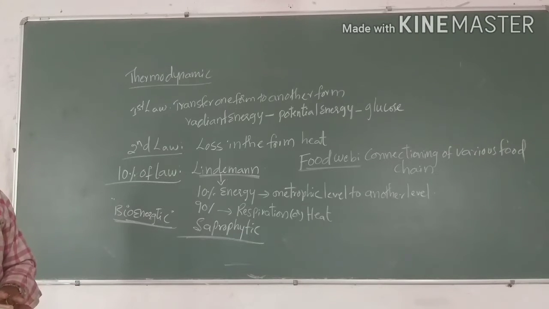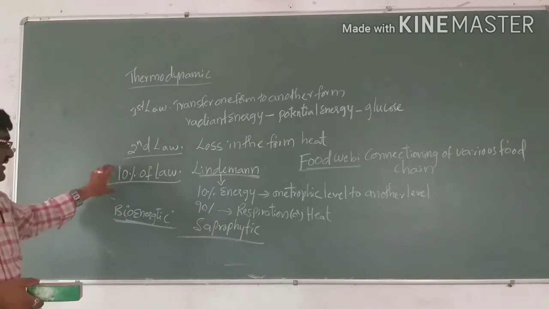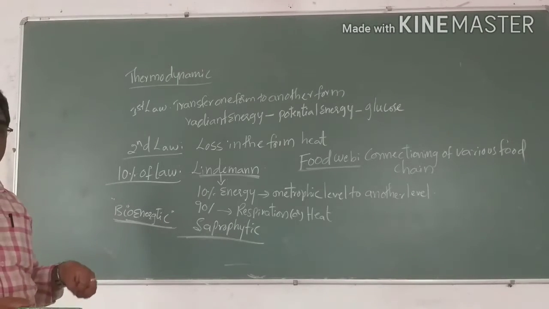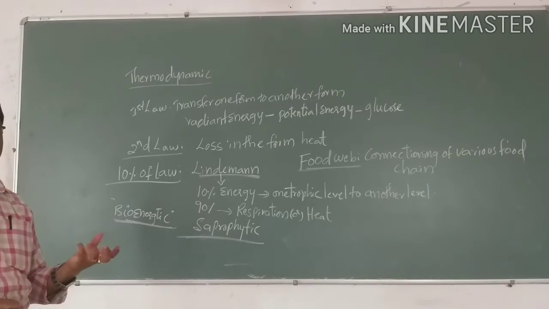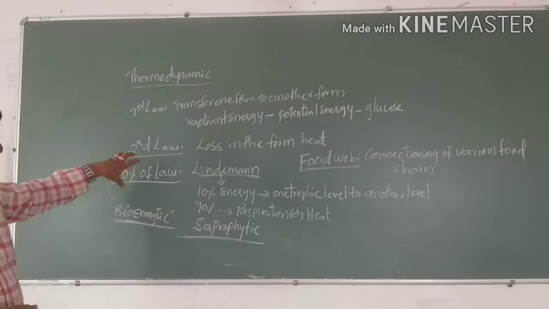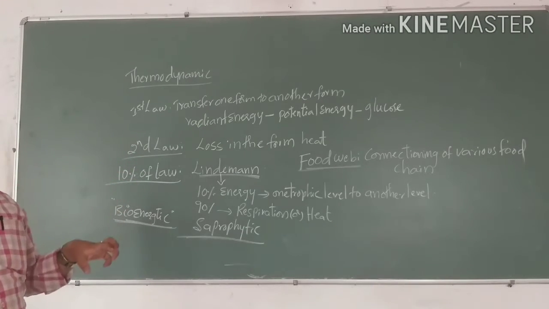So that is how the 10% law takes place, and these consumer levels are occupied by various types of organisms: herbivores, carnivores, and also omnivores.